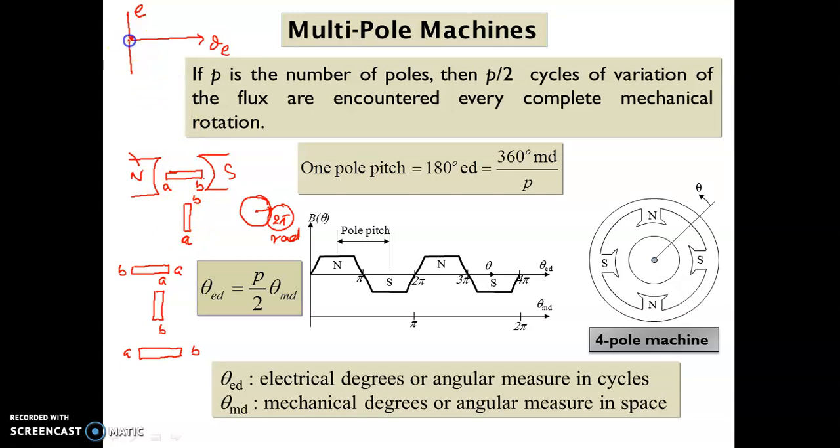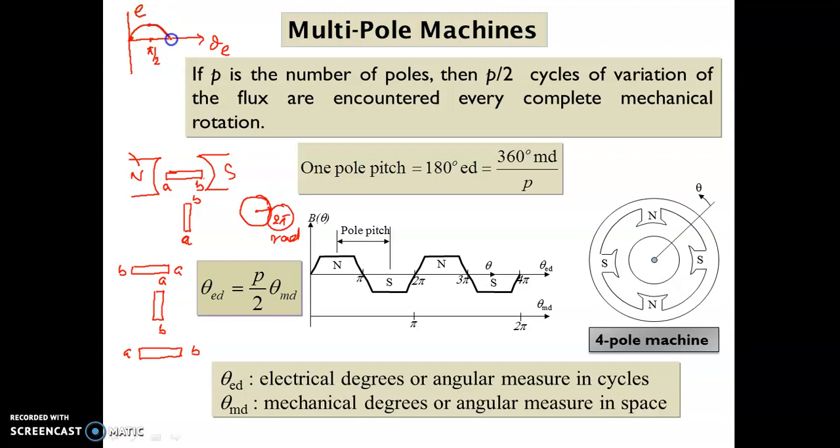Once it is rotated 90 degree like this, A and B, what will happen? Then induced EMF will increase up to 90 degree. You will see here up to 90 degree induced EMF will be increasing. This position is your pi by 2. Again if you move by pi by 2, the A position which was under the north will now come under the influence of south, so its value will reduce like this.